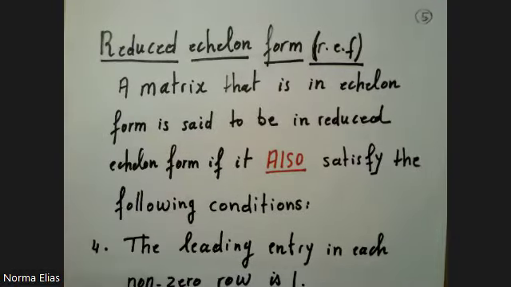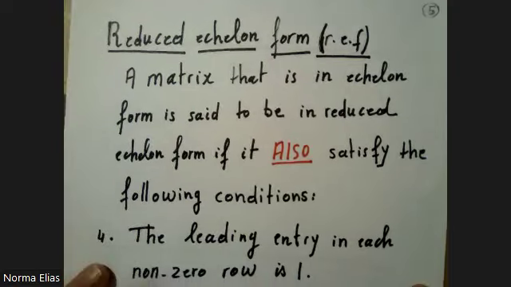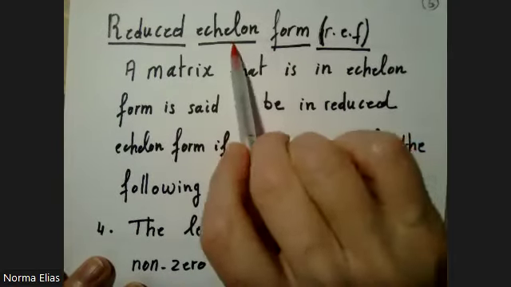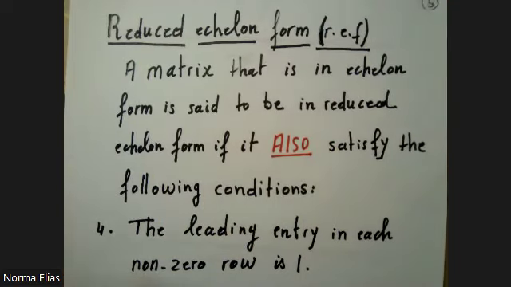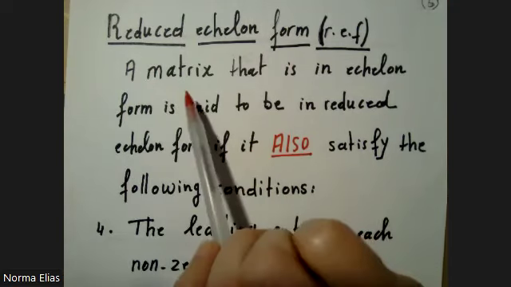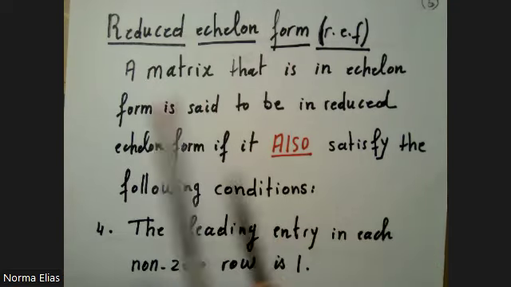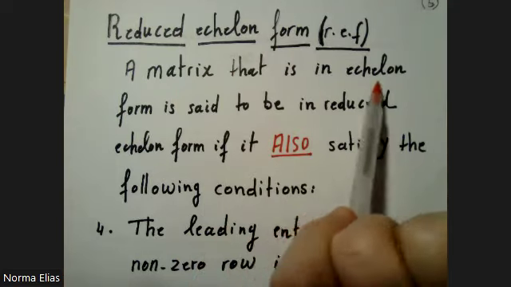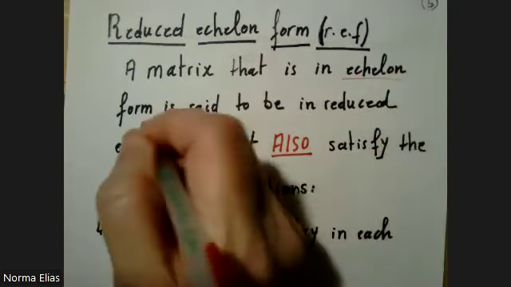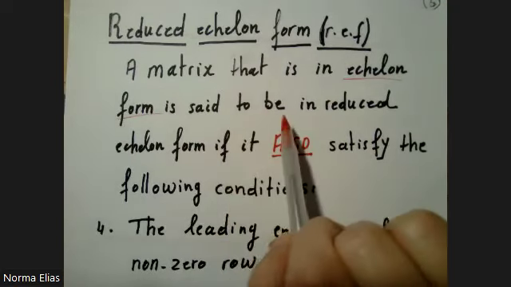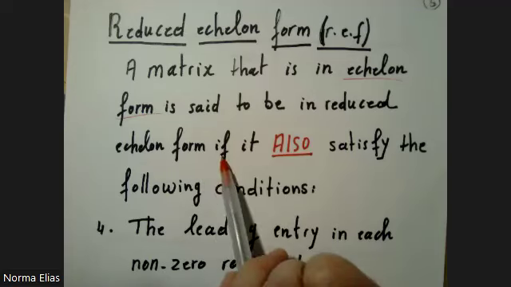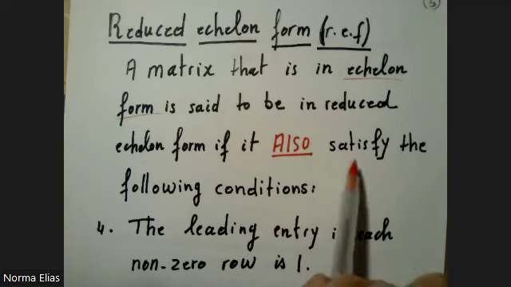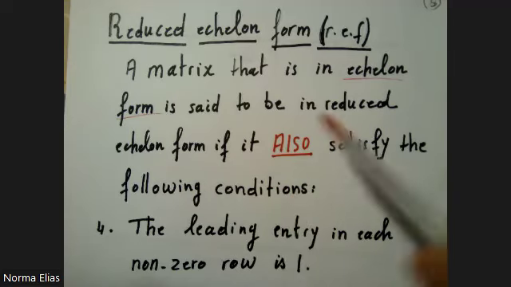Now, reduced echelon form. Reduced echelon form. And we usually use REF just to simplify it. So a matrix that is in echelon form is said to be in reduced echelon form if it also satisfies the following conditions. So suppose we have a matrix already in echelon form.